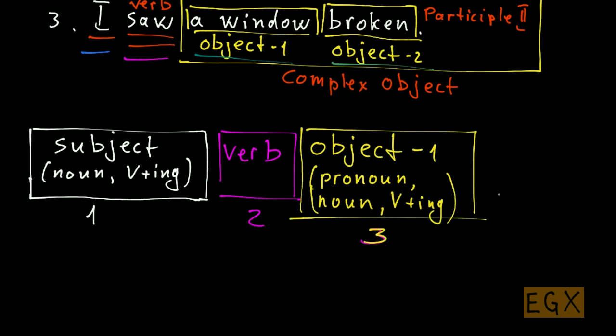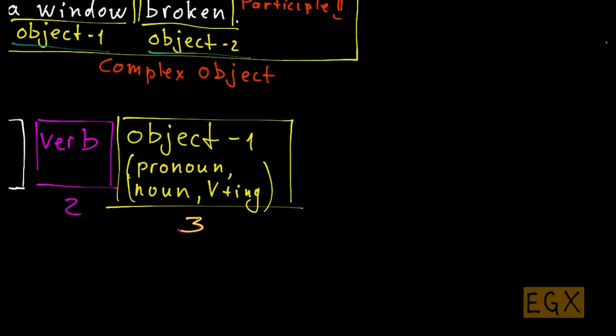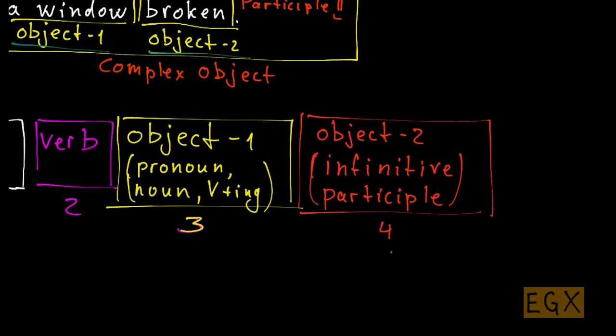And last but not least, I need the second object. As a rule, it is infinitive, some form of infinitive. It can be perfect infinitive, continuous infinitive, whatever. Or it can be participle. And this is the fourth position.